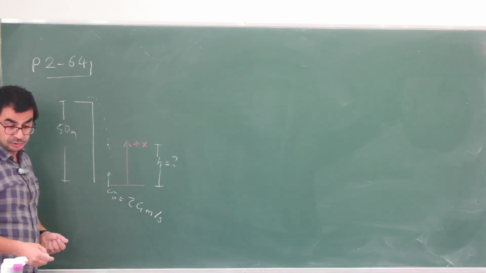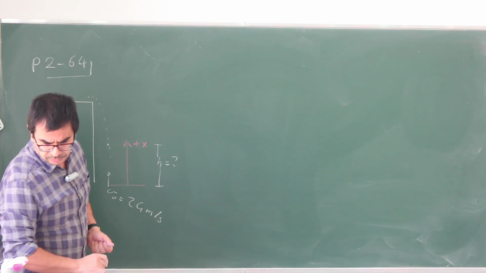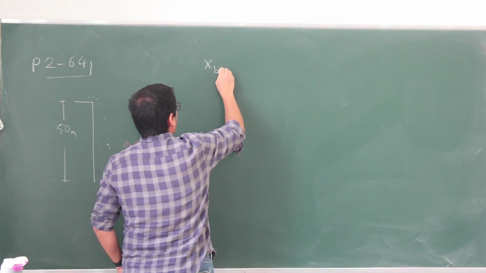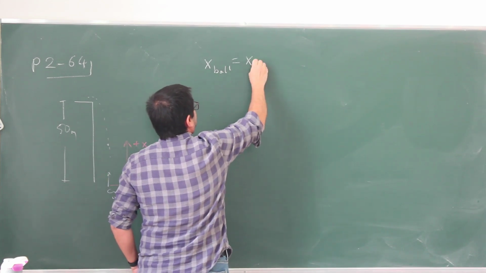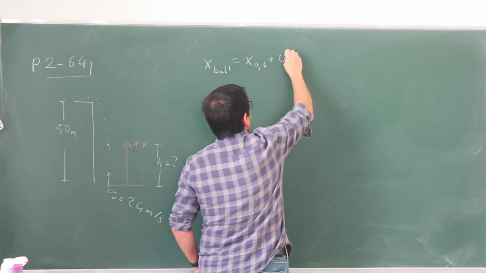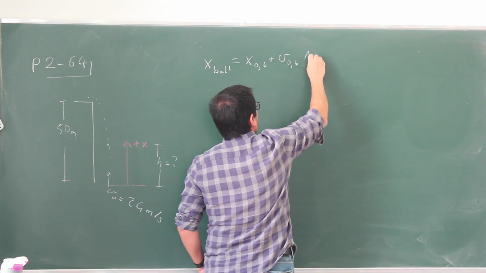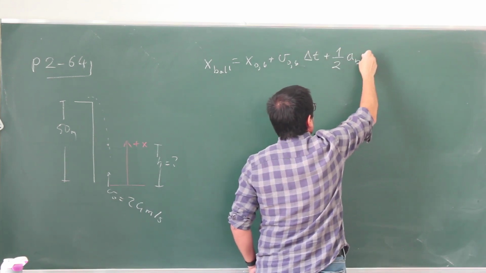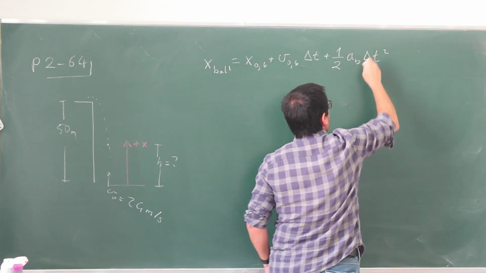Let's write down, the one that's dropped is the ball, so x ball is x0 ball plus v0 ball delta t plus 1/2 a ball delta t squared.